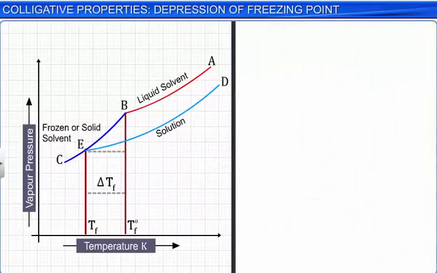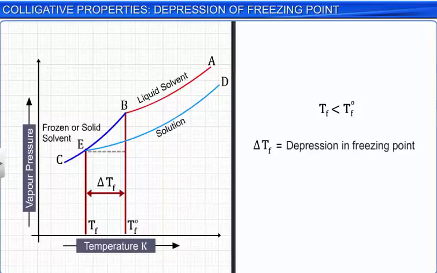As can be seen, Tf is lower than Tf0. Therefore, the difference delta Tf is called the depression in freezing point and can be written as delta Tf equal to Tf0 minus Tf.